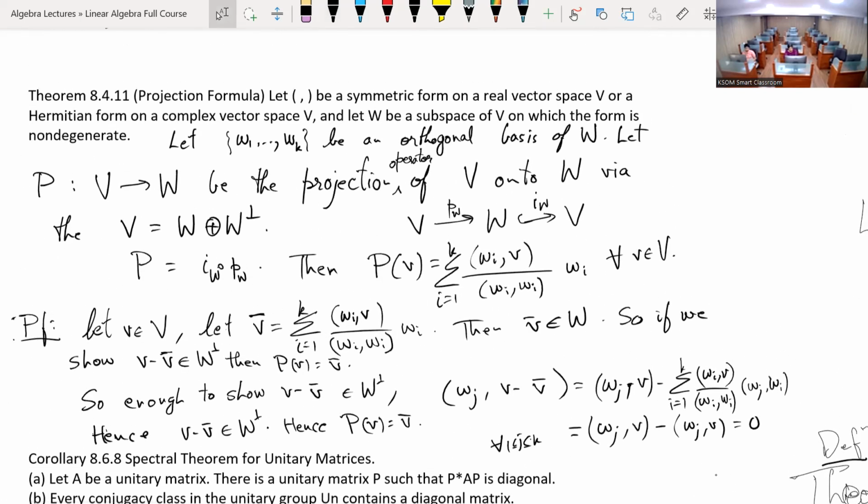This is also useful as a Gram-Schmidt orthogonalization process.